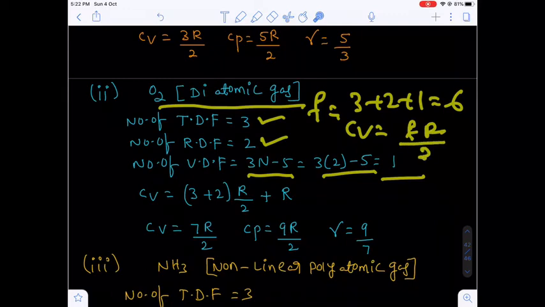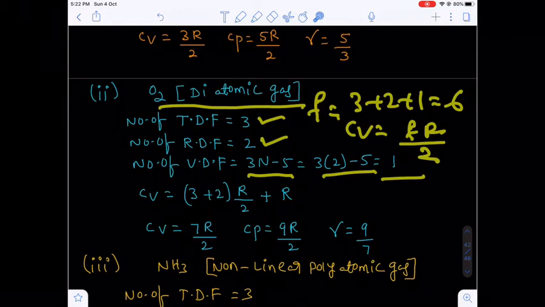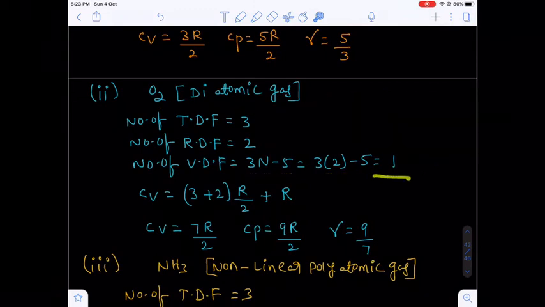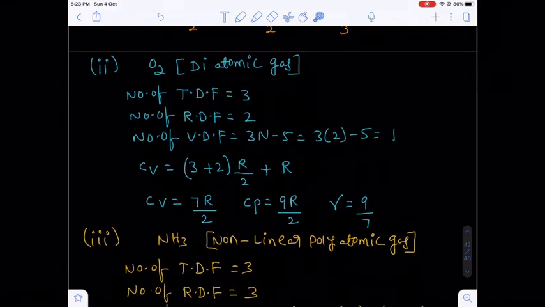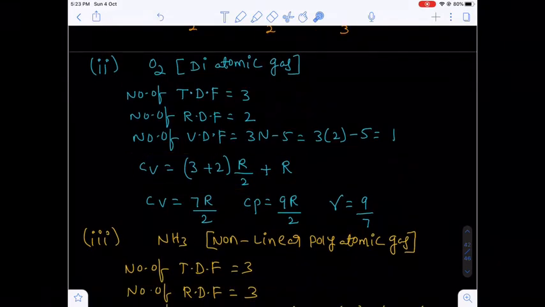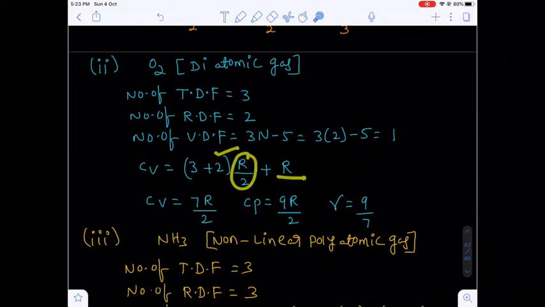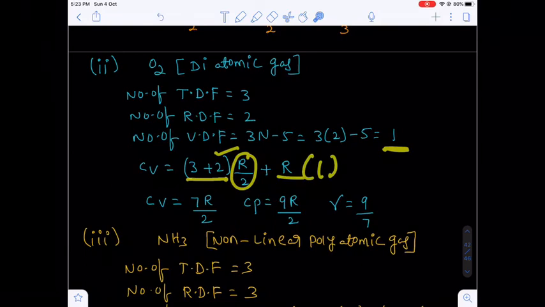Just wait. Here, if you see, the actual CV formula is: number of translational degrees of freedom plus number of rotational degrees of freedom, into R by 2, plus number of vibrational degrees of freedom into R. Here the number of vibrational degrees of freedom is 1, so R into 1, that will be R. The translational and rotational degrees of freedom are 3 plus 2, 5.